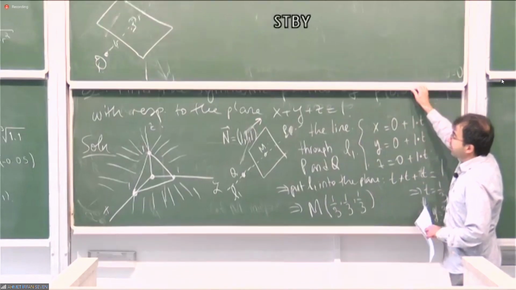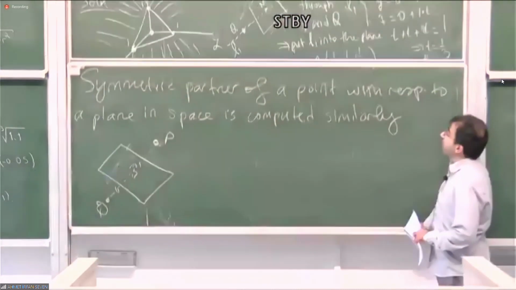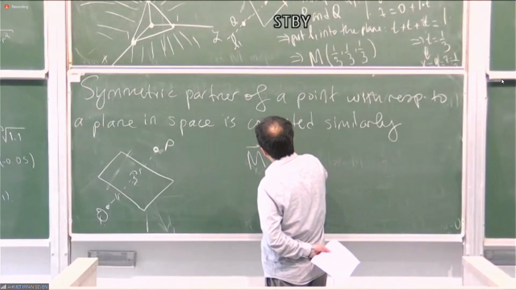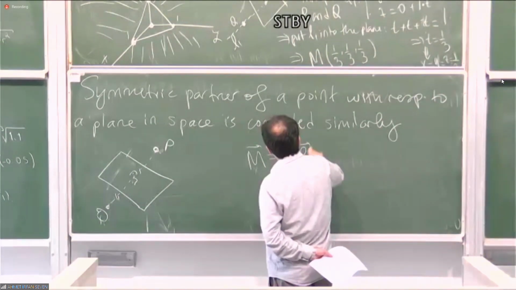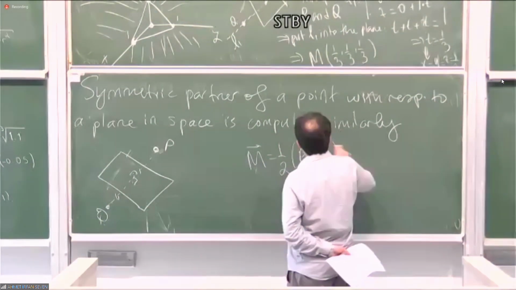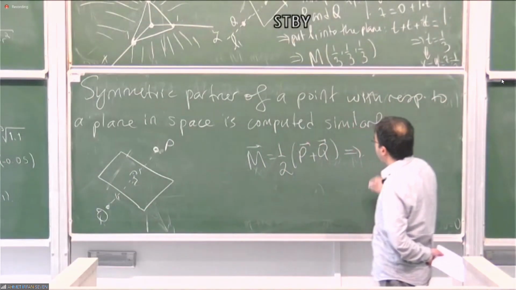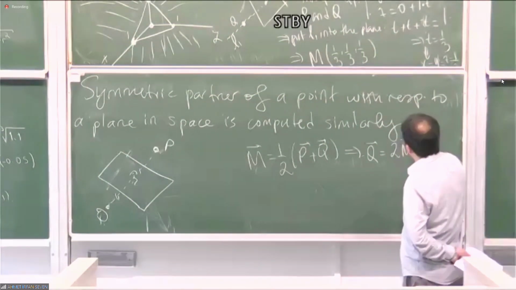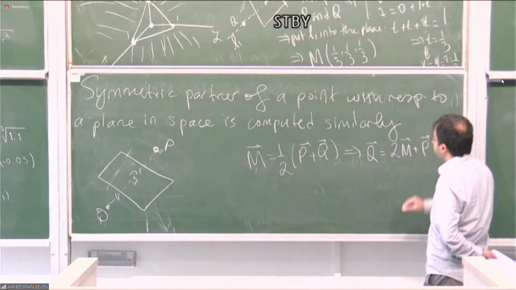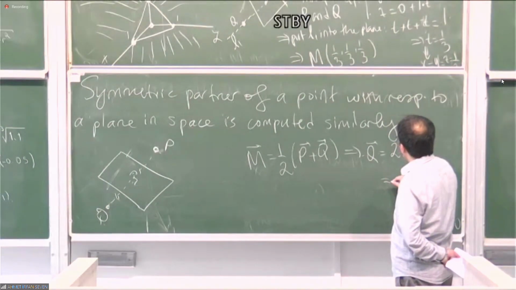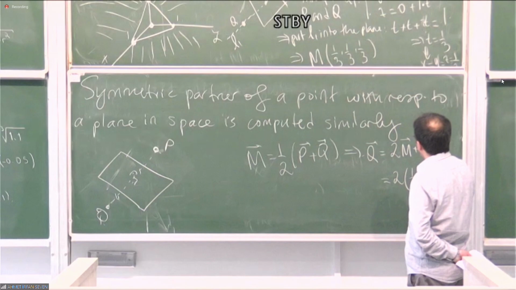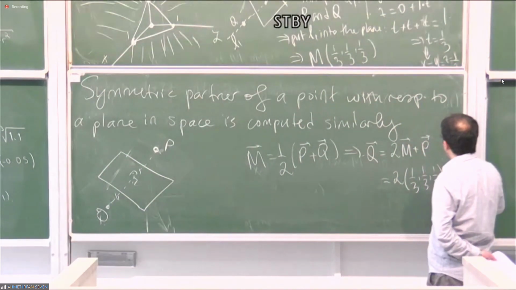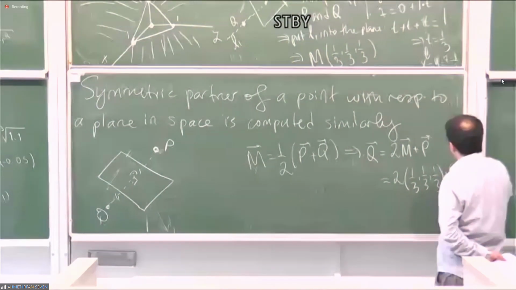Which is now easy because M is the midpoint of P and Q. Again, I'm looking for Q. Q will be 2 times M minus P. So 2 times 1 over 3, 1 over 3, 1 over 3, minus P, which is the origin, 0, 0, 0.